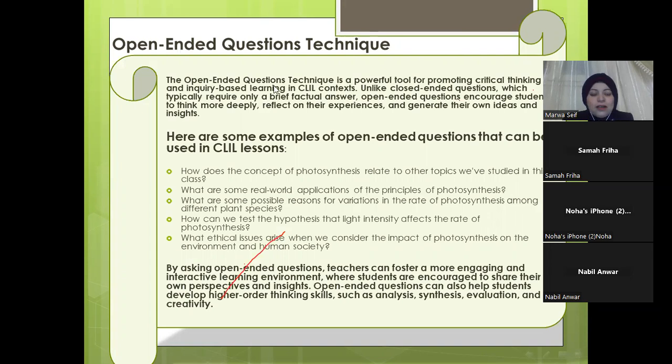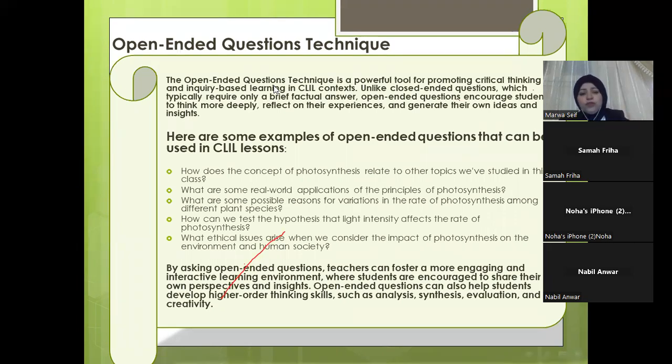Thank you. All right, so open-ended questions is the last technique that I'm going to tell you about today in my presentation. In a CLIL lesson, you need your students to understand the content, right? So maybe you ask them yes or no questions, complete or choose the correct answer questions, and they have to pick the answers from the context, from the text that they are working on, right?